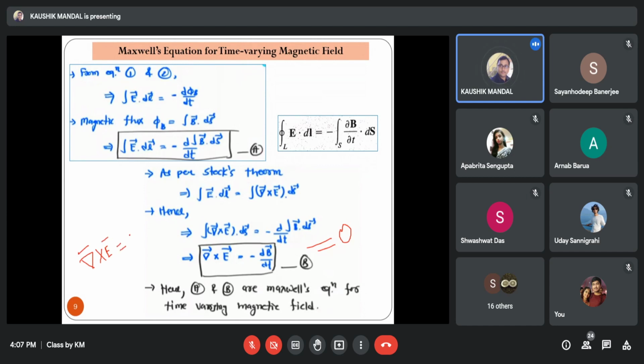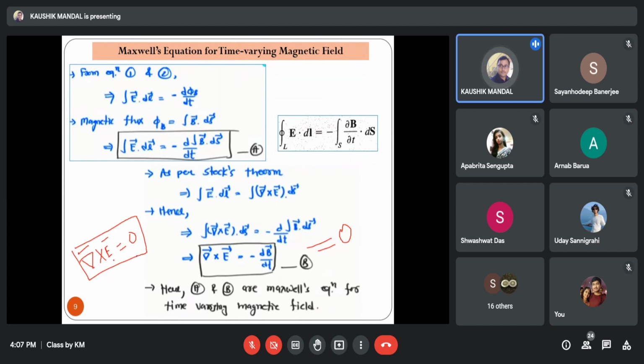What is the significance of curl E equal to 0?